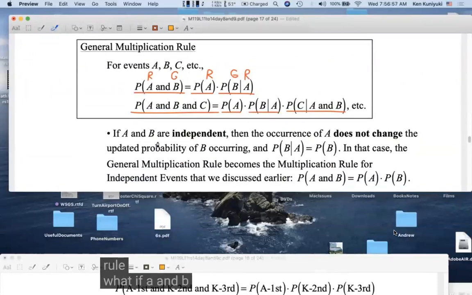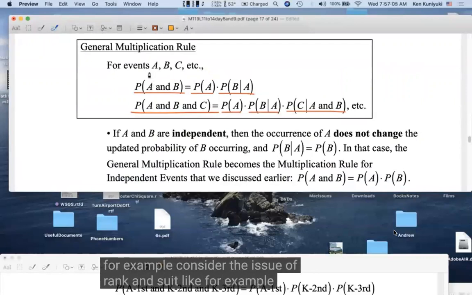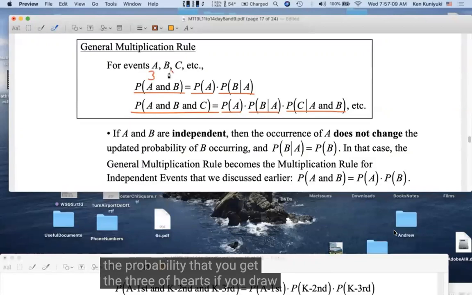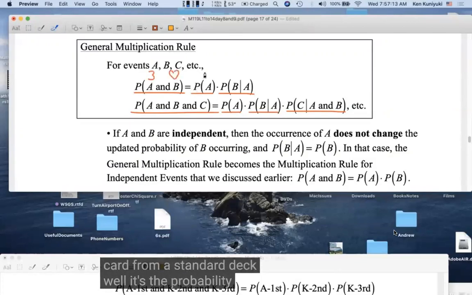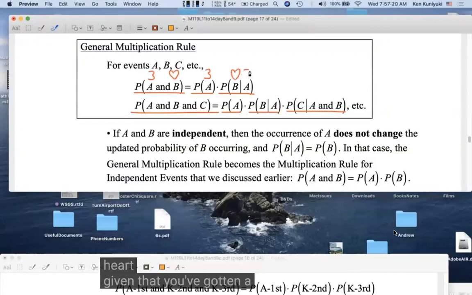What if A and B are independent? For example, consider the issue of rank and suit. Like, for example, what's the probability that you get the 3 of hearts if you draw a random card from a standard deck? Well, it's the probability of getting a 3 times the probability of getting a heart, given that you've gotten a 3. But now, wait a minute.